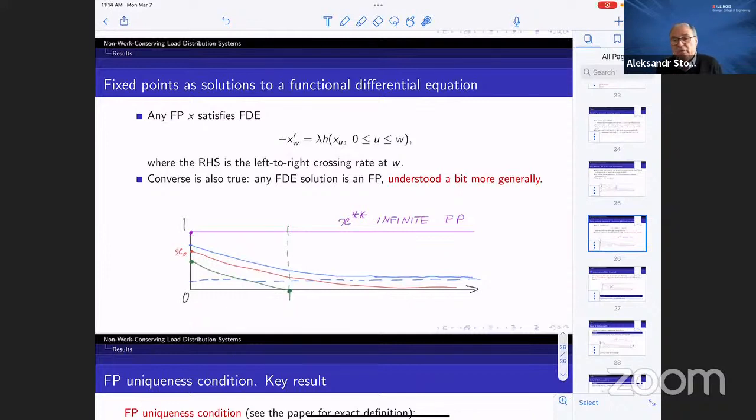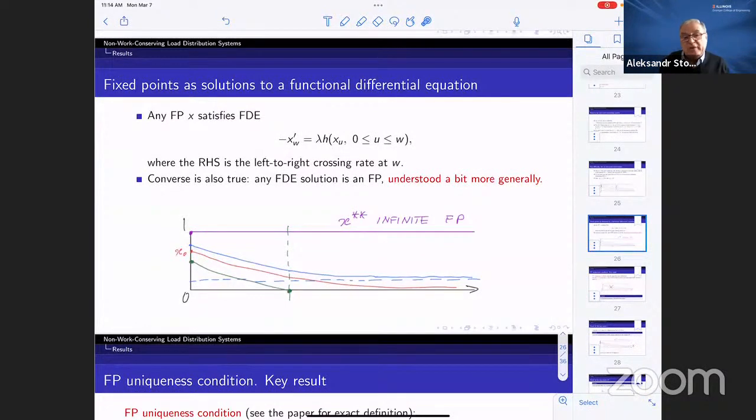To answer Rami's question, it's not just for a fixed point. If you have X of t, there is a well-defined rate at which you jump over to the right, there is a well-defined rate at which you cross to the left, and the difference gives you the derivative at a point. The short answer is yes, you can write this equation.